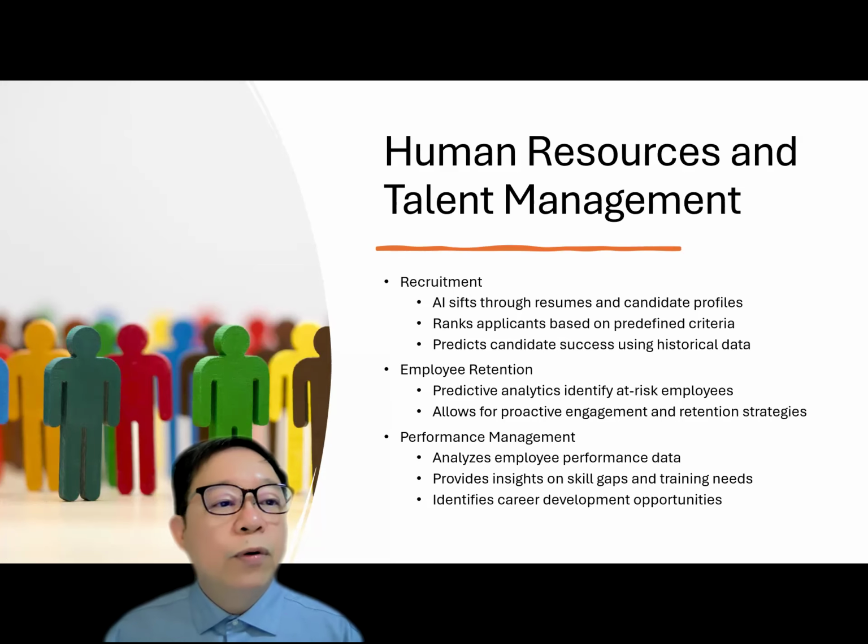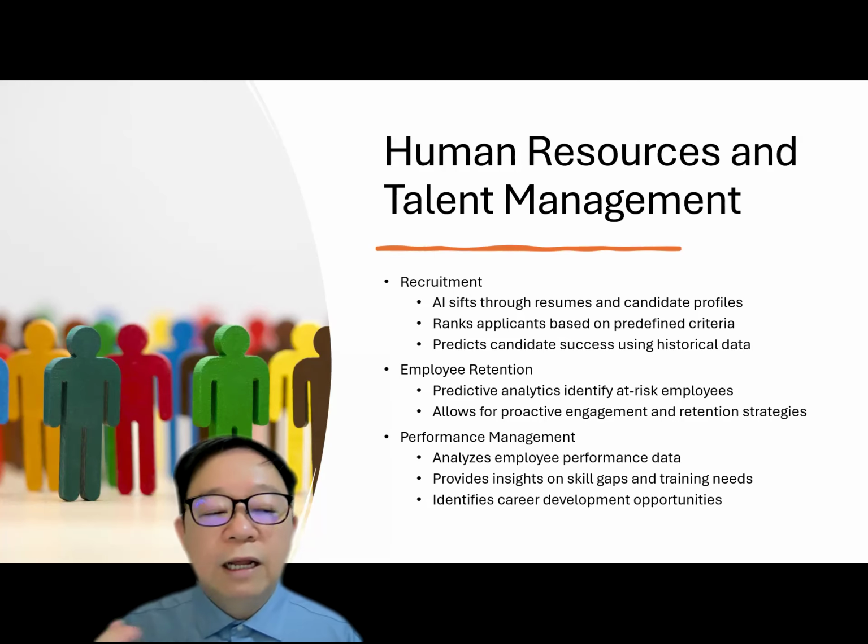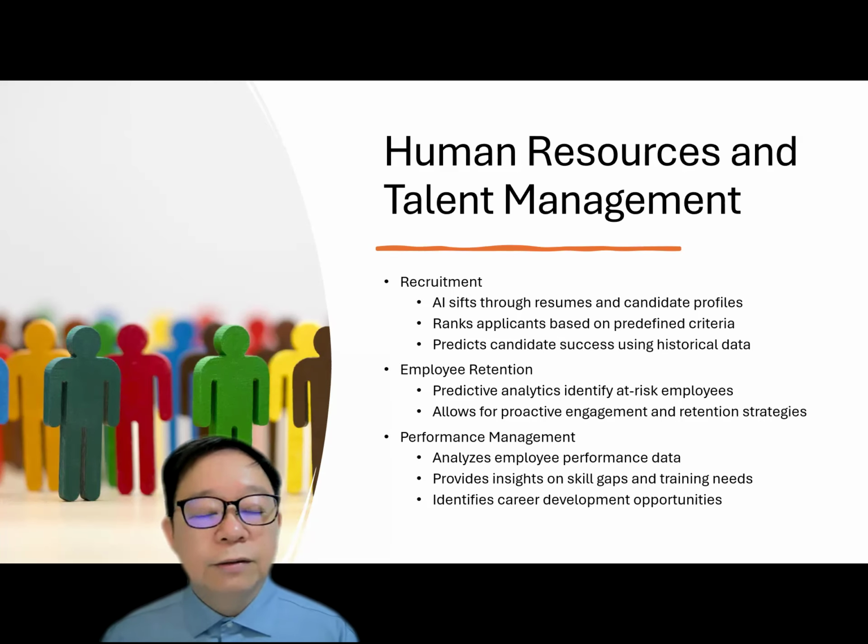Then we need to be proactive before the staff come to you and say, I'm very disappointed with your company. Before the thing happens, you already preempt, you already have proactive engagement. You engage them in advance. When they are not happy, or even before they are not happy, you already take action. So that is a world-class HR system.